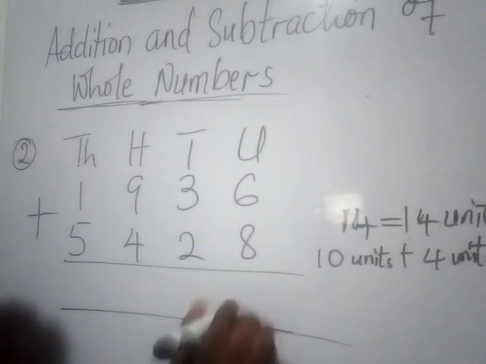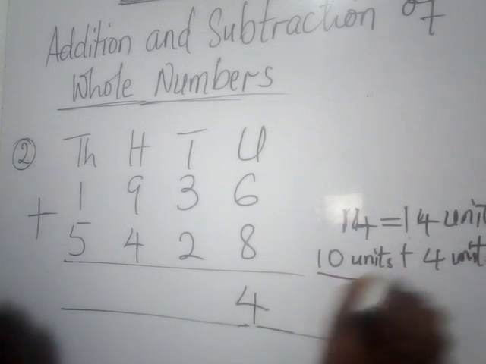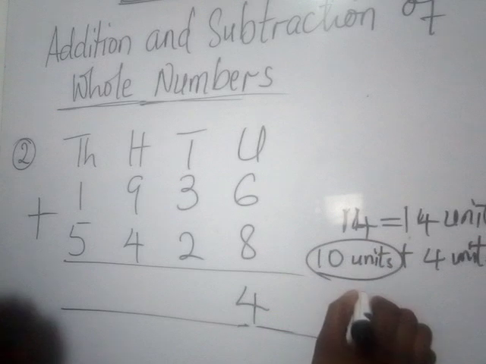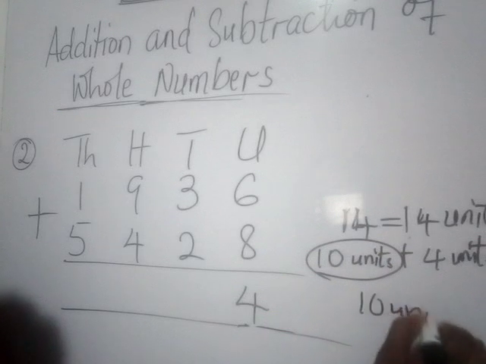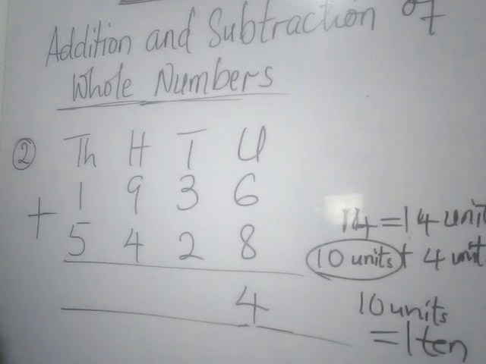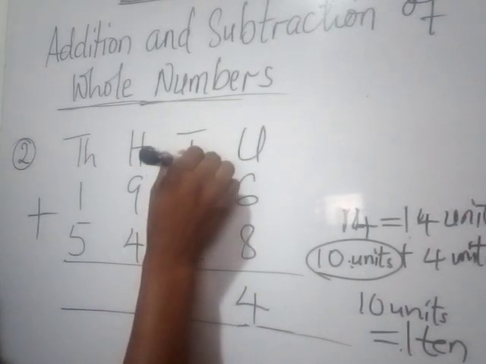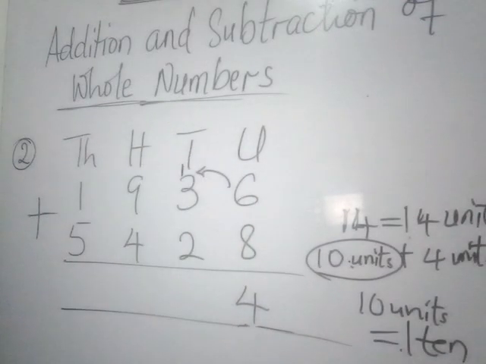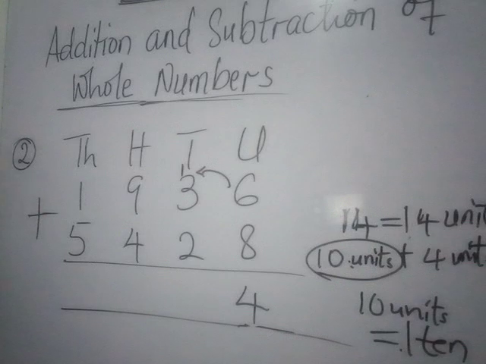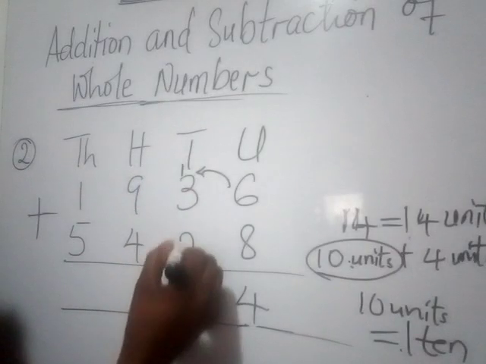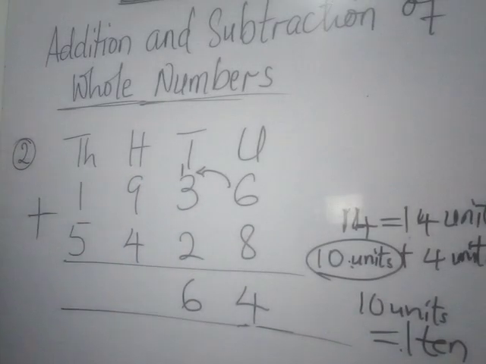So here we write the 4. Then what happens with the 10 units? Remember, 10 units is equal to 1 ten, isn't it? So that 1 ten, we move it to the column of tens. So you have 1 plus 3, 4, 4 plus 2, 6.